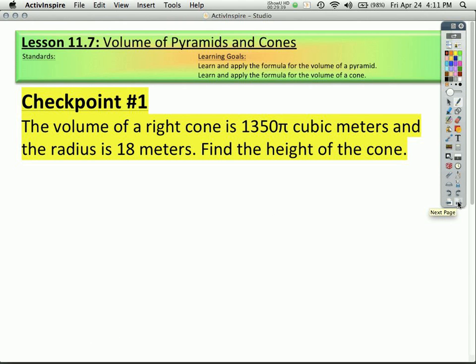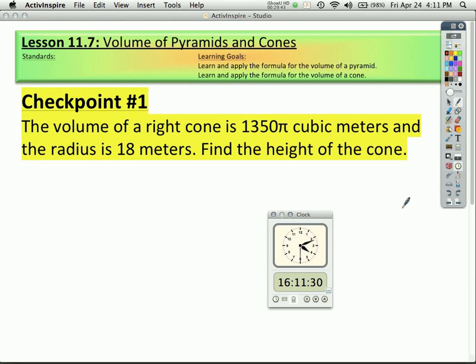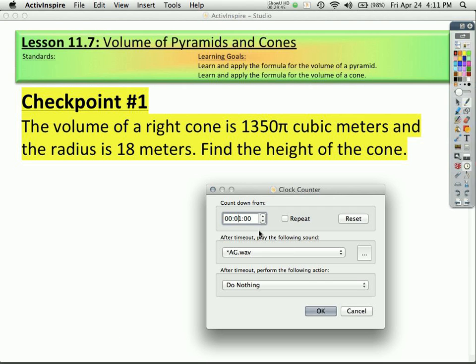Checkpoint number 1. I'm flipping the script a little bit on purpose.